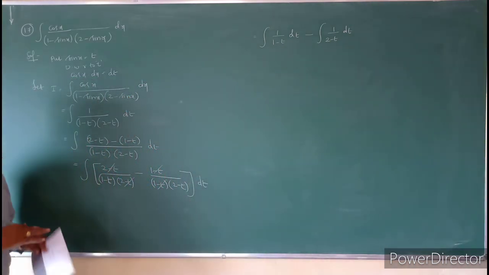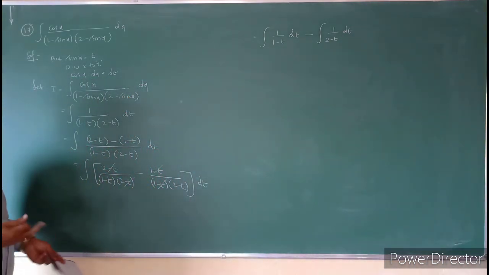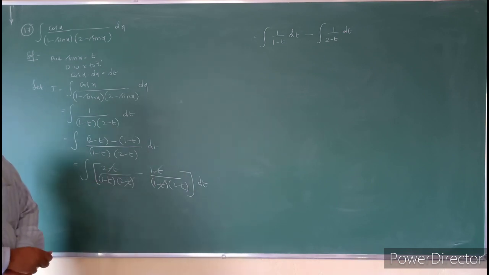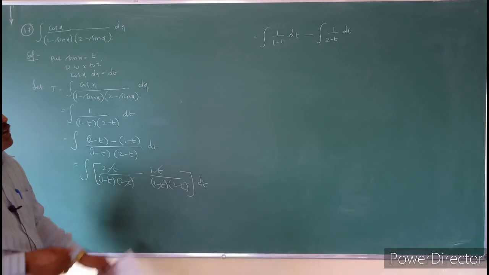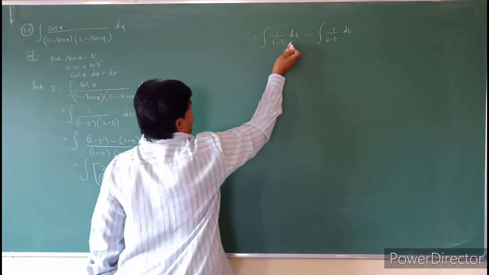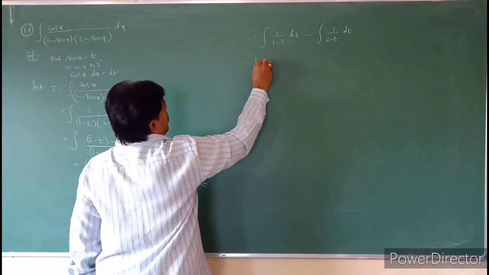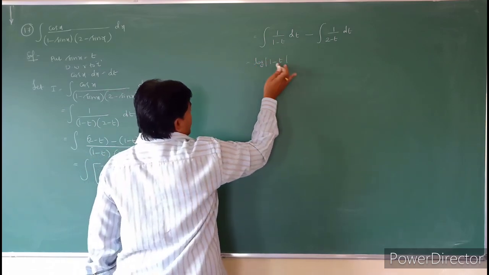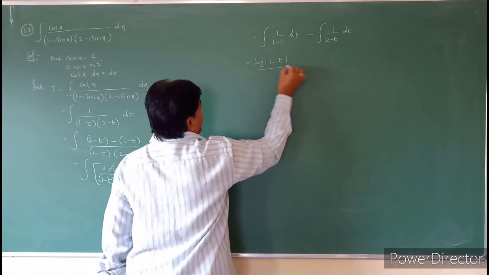So the separation, the partial fraction, is over. So 1 by 1 minus t minus 1 by 2 minus t is the partial fractions. I understand that. So apply the integrations here. What we will get? So integral of 1 by ax plus b, the integration is log mod 1 minus t, and 1 minus t derivative is minus 1.